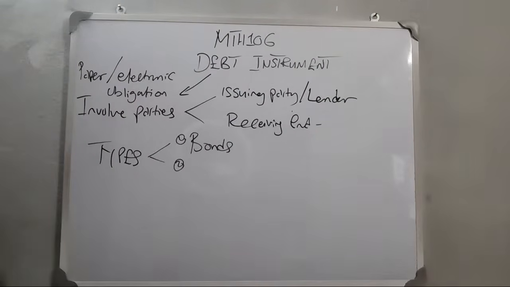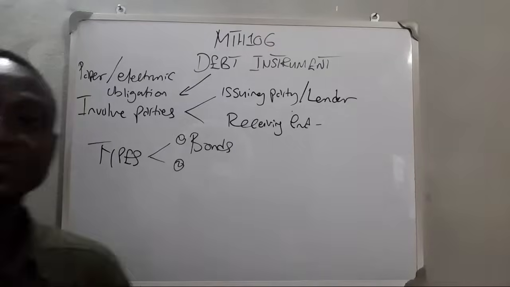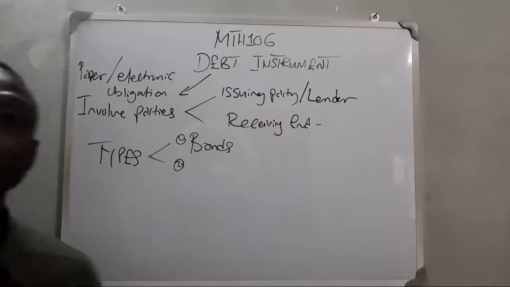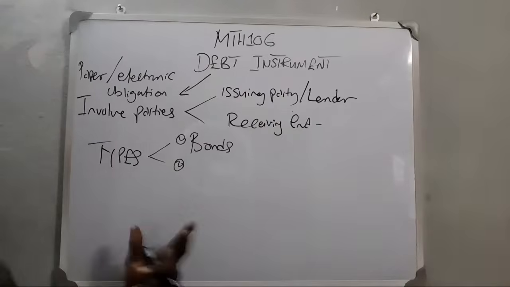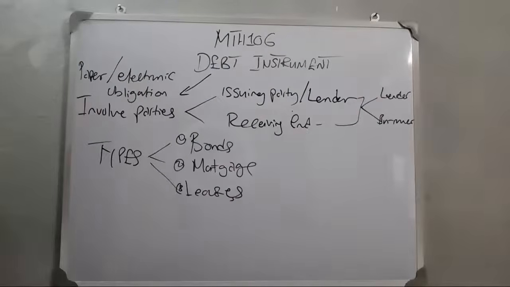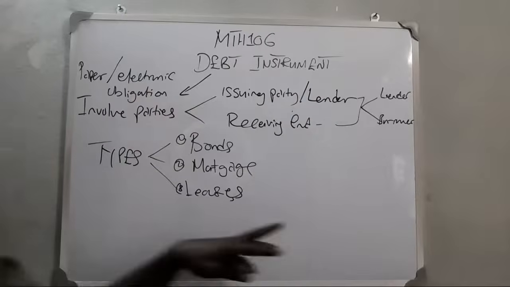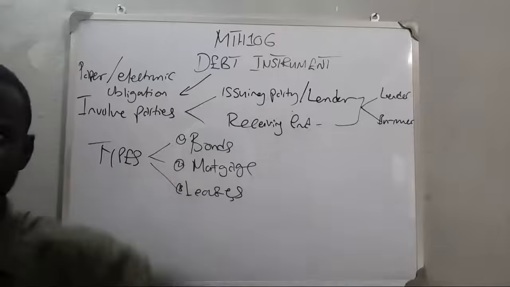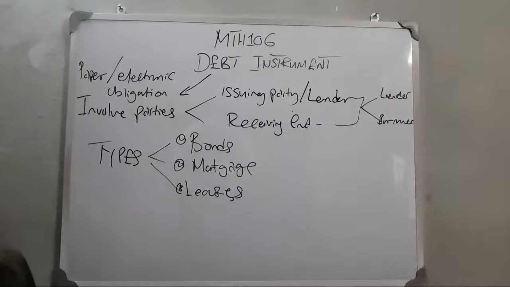The government sells these bonds to the public so that they can make money. It's one way they use in raising money. All these agreements are usually between the lender and the borrower. Now let's proceed.